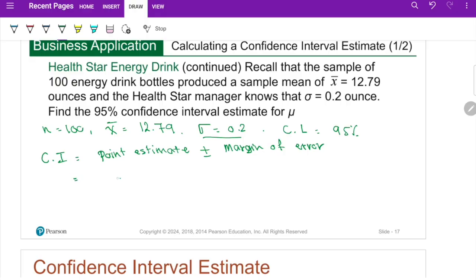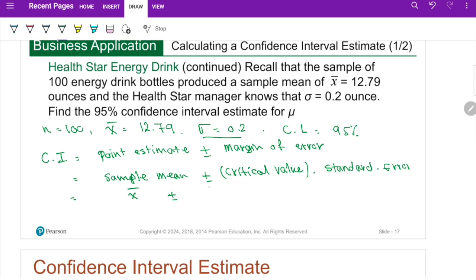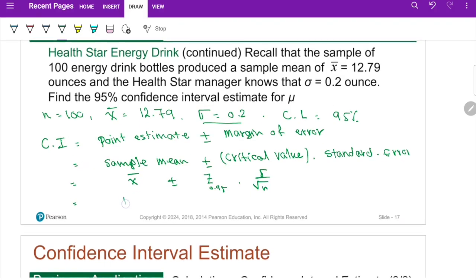It is the sample mean in this case, plus or minus the critical value times the standard error. Again, the sample mean is x bar, plus or minus the critical value, z of 95%, times sigma over radical n. This is equal to x bar, which is 12.79.